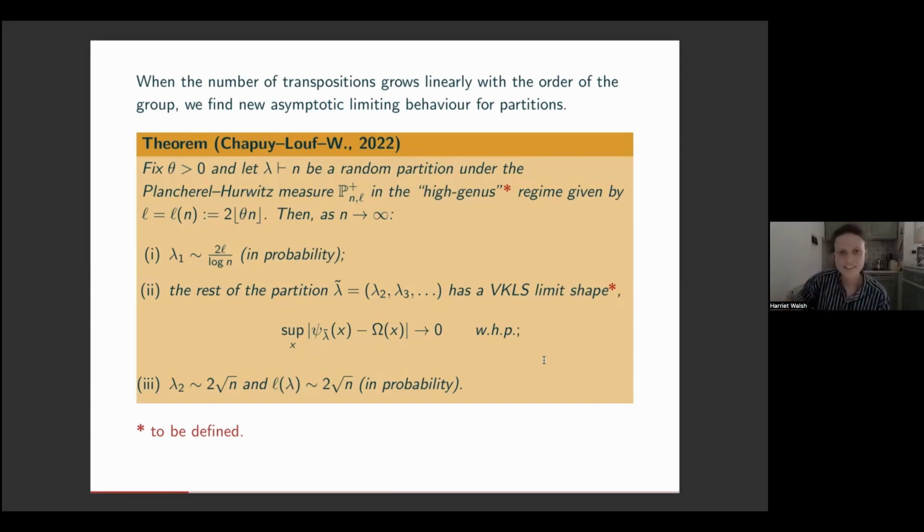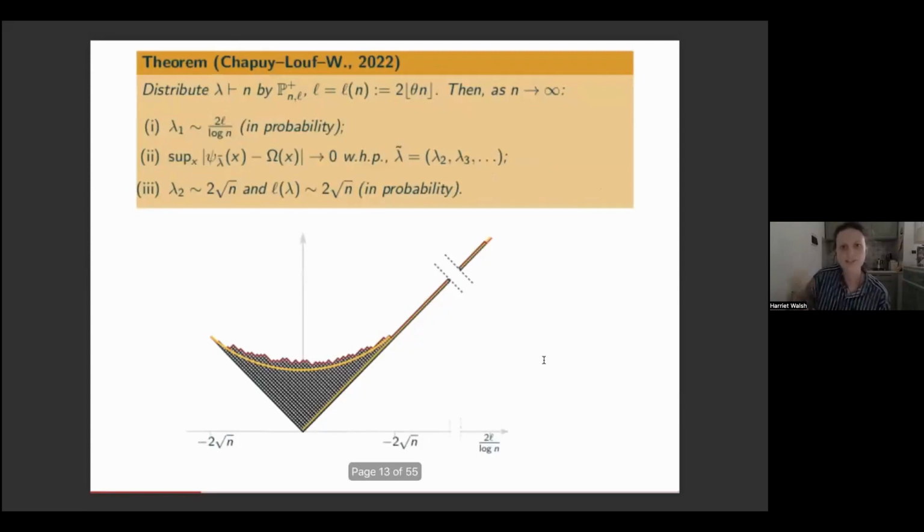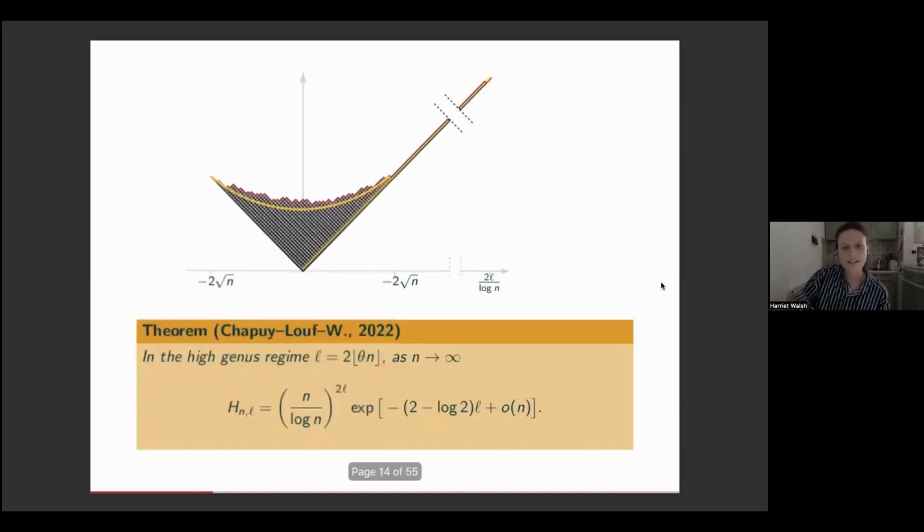So this is just to show how different a behavior you can get in this regime where L grows linearly with n. This is a sketch of the behavior, which some parts might be familiar, but the first part does something very different.